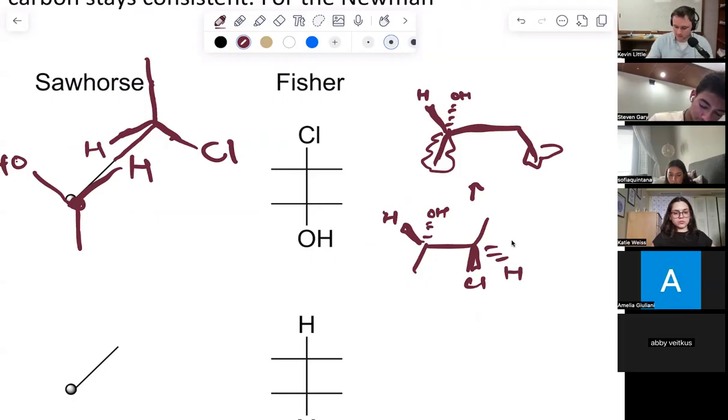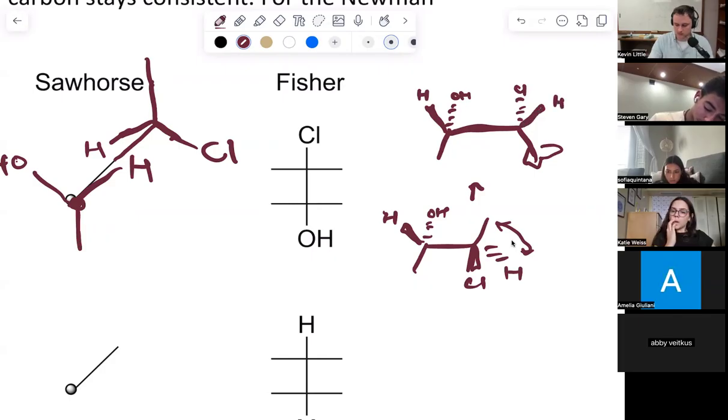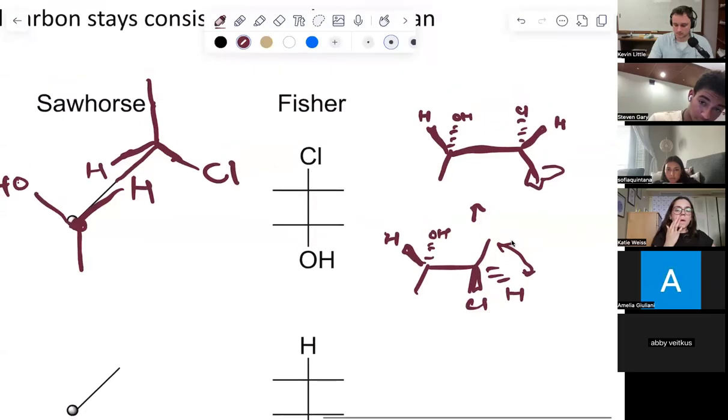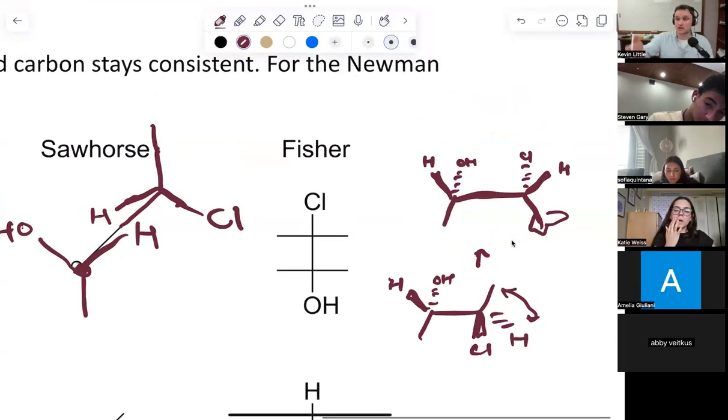So I just now need, well, actually, that's not right. Hold on, that's almost right. So now I need to convert this to a down flat. If I'm going from an up flat to a down flat and I keep everything the same, all I have to do is switch my wedge to my dash. So my chlorine is now on a dash and my hydrogen is now on a wedge. Every time. I've just rotated 180 degrees, so I've literally flipped everything.